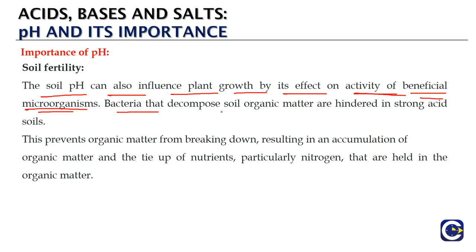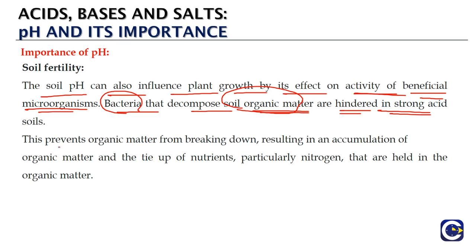There will be bacteria that decompose soil organic matter, and they make it easy for the plants to absorb it. Now if you have strong acidic soils, they will hinder the activity of the bacteria which do the breaking of the organic matter. So if the bacteria activity is hindered, then it is going to in turn affect the plants.